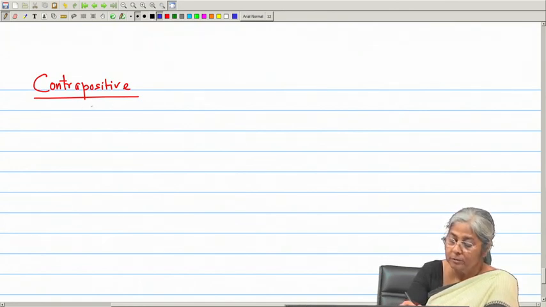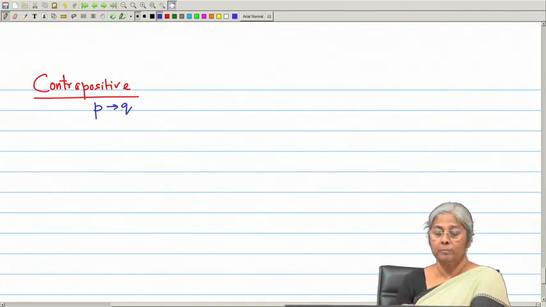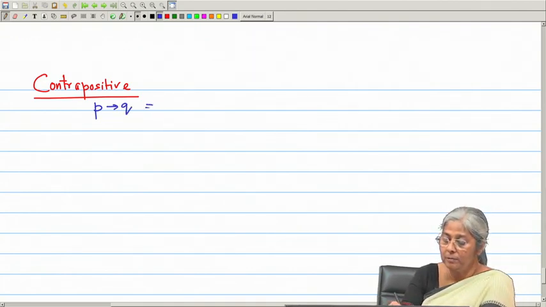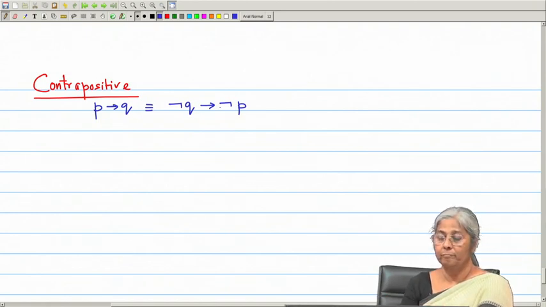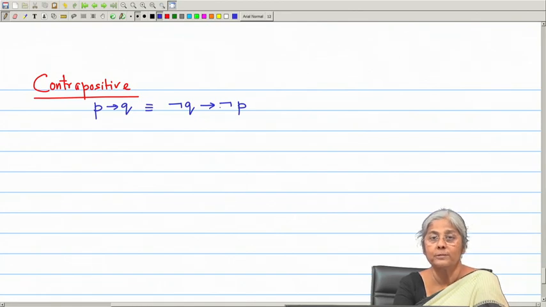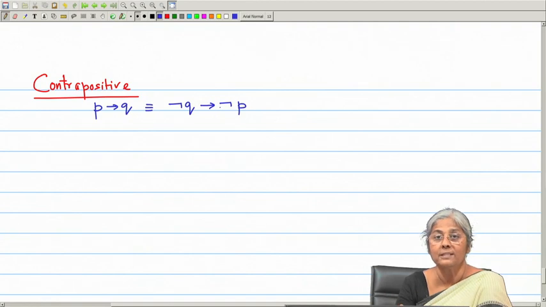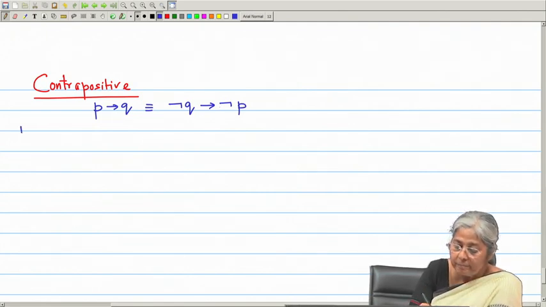We know from when we read logic that if P implies Q, the conditional proposition, it is equivalent to negation Q implies negation P. So, sometimes to prove some statements or theorems, it is much easier to show that negation Q implies negation P instead of P implies Q. We see one example.